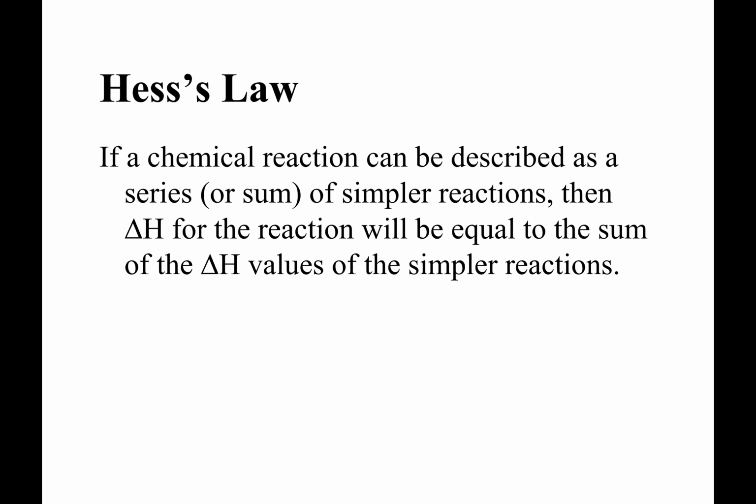All right. So all Hess's law says is that if you have a chemical reaction, and to me, I kind of visualize it this way. If I have an overall reaction, reactants go to form products.